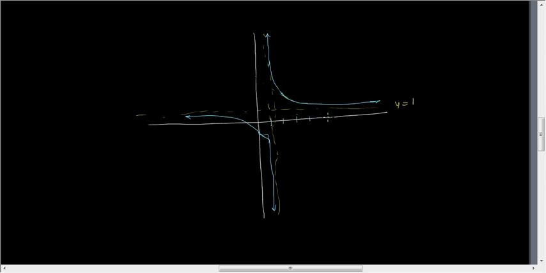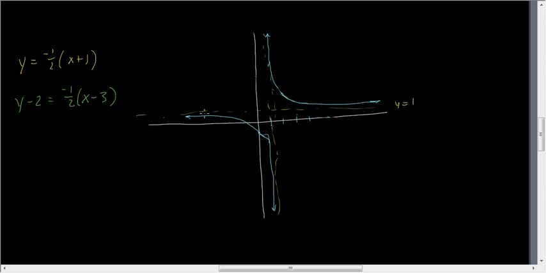So let's go ahead and put these functions in here. I'm going to do the first one. Y is equal to -1/2 times the quantity x plus 1 in yellow. And in green, I'm going to do y minus 2 is equal to -1/2 x minus 3. Okay, so let's do the green one first.